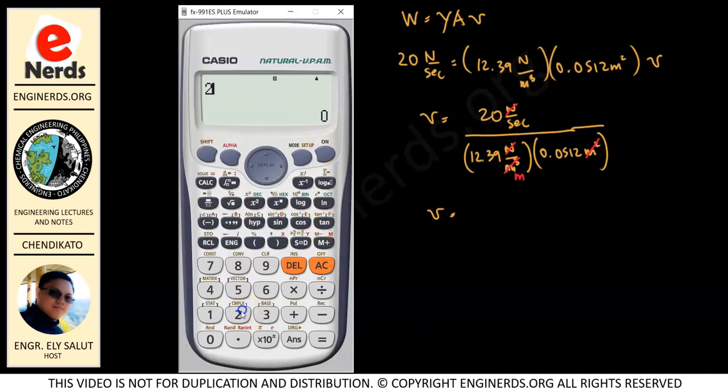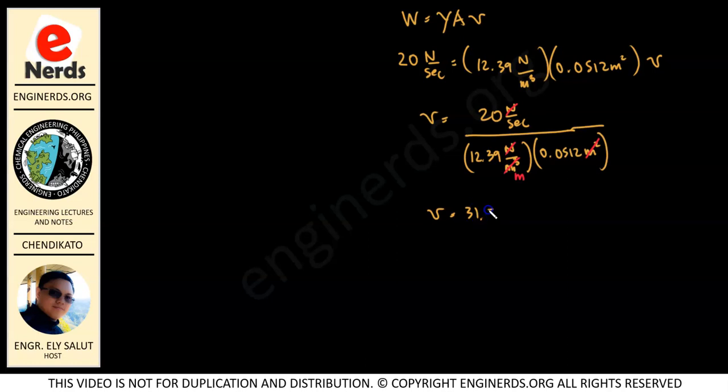We have 20 divided by 12.39, and again, we're going to divide that by 0.0512. So we have 31.53 meters per second. So this is our average velocity, and we have our answer right here.